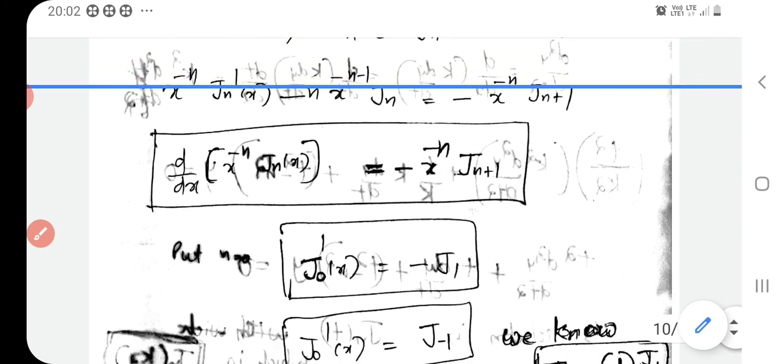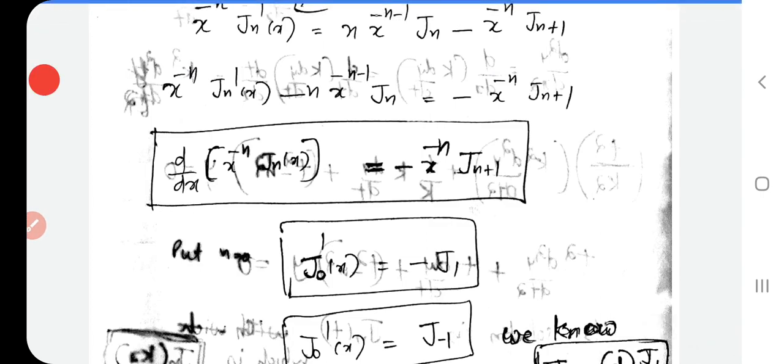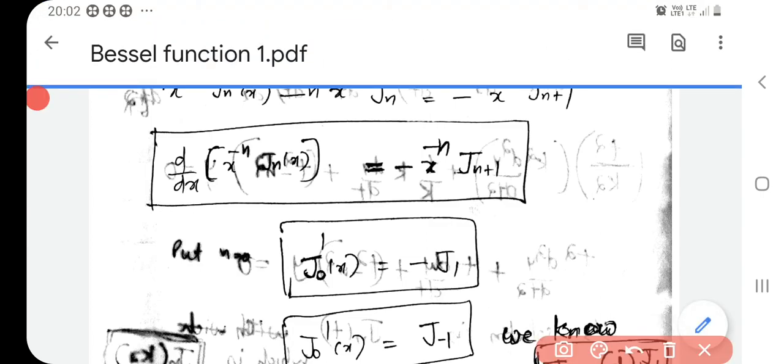So you get d by dx of x to the power minus n Jn of x equal to minus x to the power minus n Jn plus 1. Then we get the sixth recurrence formula.